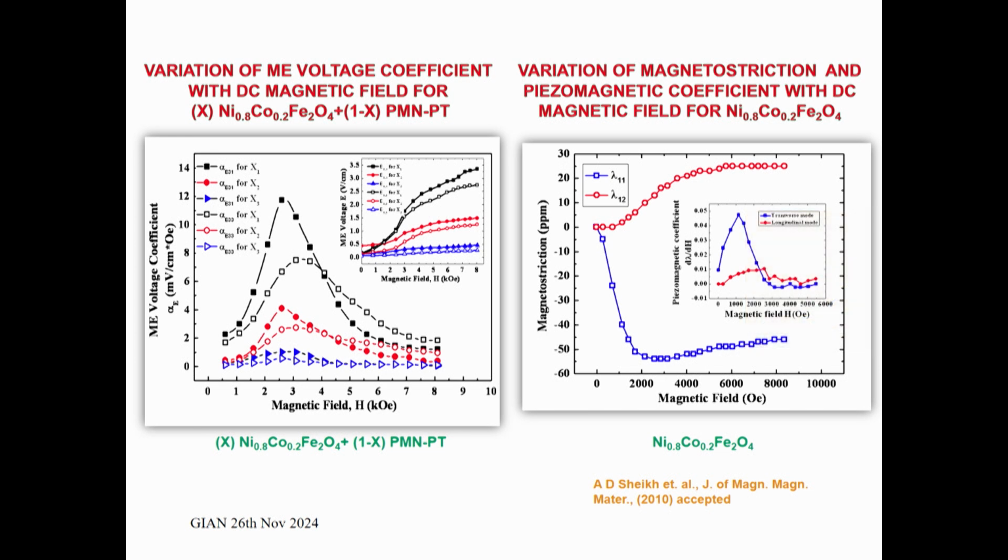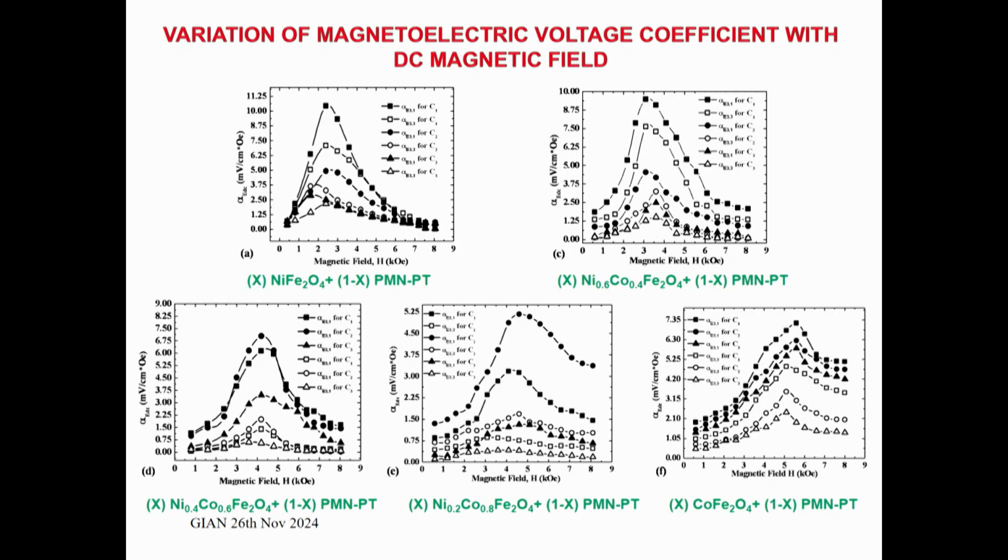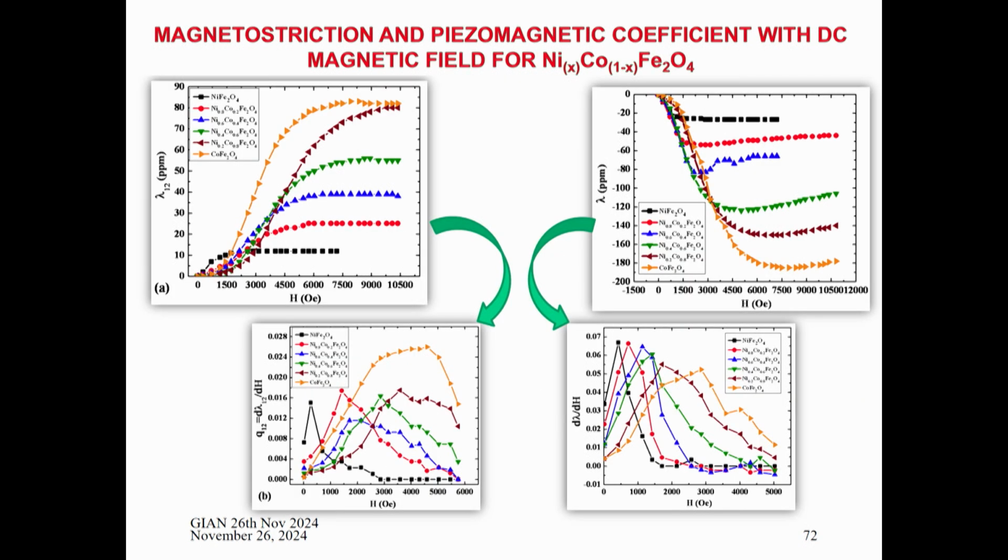Basically, for composites having 3-0 connectivity, we could get higher performance. This is the magnetoelectric performance of the typical system, and we have done this even for other systems as well. Now, this is what I was talking about, the piezomagnetic coefficient, that is the change in the magnetostriction as a function of change in magnetic field.